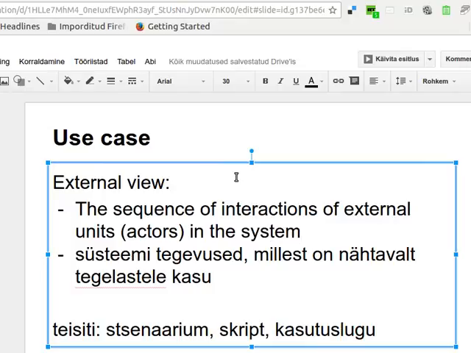So the sequence of interactions of external units in the system. How do the external units interact with the system?